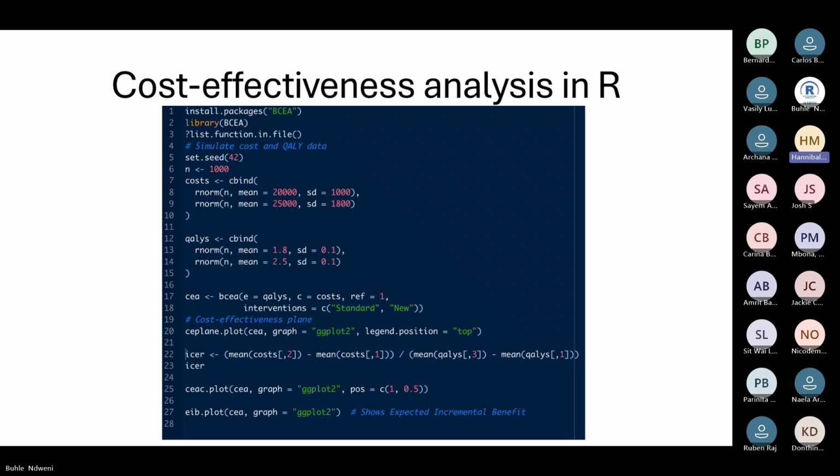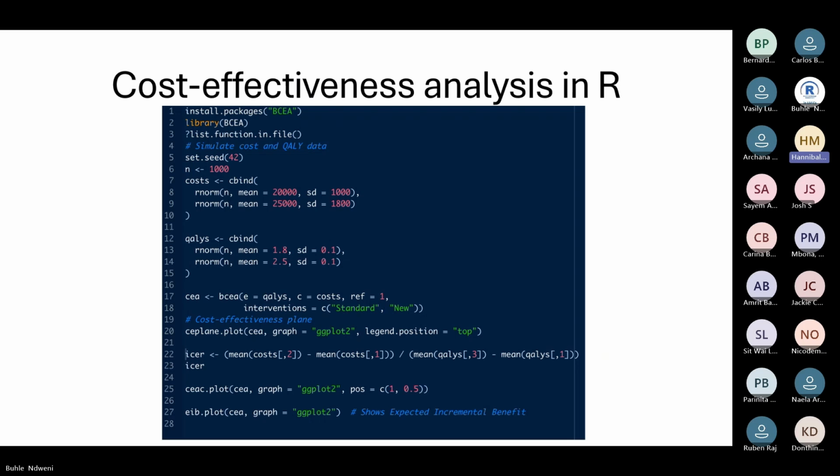And although there is an increase in the mean qualities, 2.5 for the new drug, which is higher than the old drug, when you do the cost effectiveness analysis, that increment is going to be less than the cost increase. It's not going to be as effective as the initial drug.